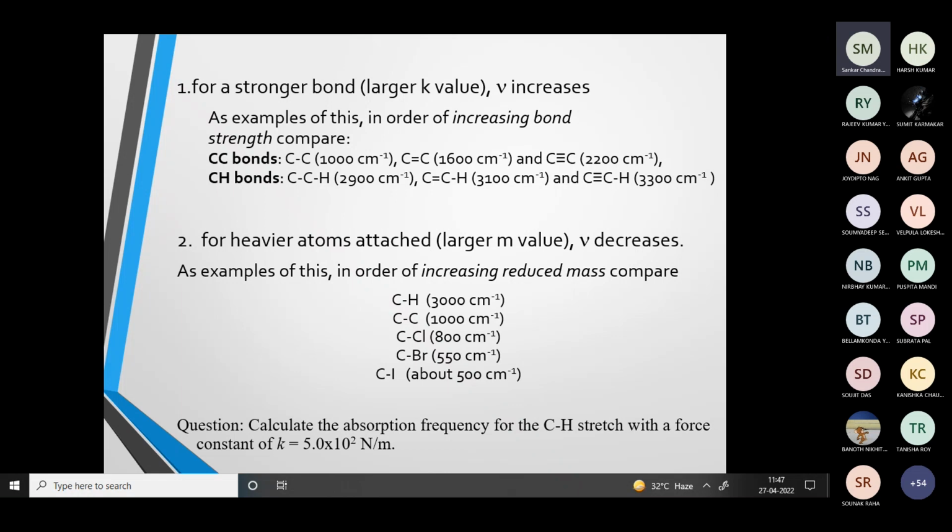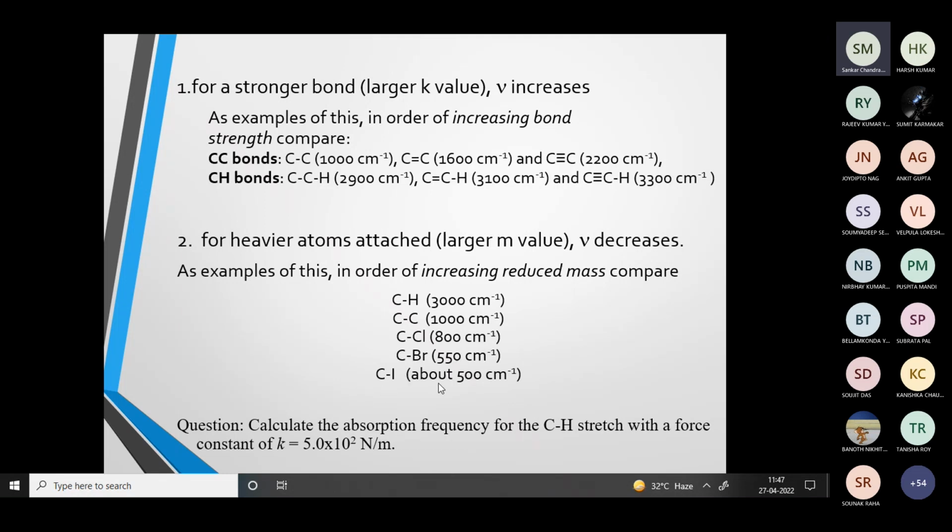That changes for heavier atoms. So you see here carbon-hydrogen, if you calculate its reduced mass, that corresponds to 3000. Carbon-carbon is 1000, carbon-chlorine 800, carbon-bromine 550 centimeter inverse, carbon-iodine 500.